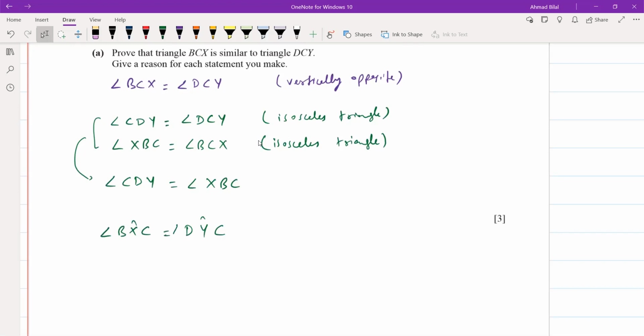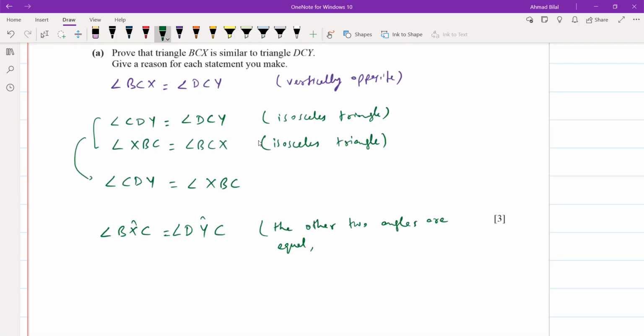Why? Because the other two angles are equal. क्योंकि टोटल सम तो 180 होता है ट्रायंगल के अंदर, तो अगर दो एंगल्स इक्वल हैं तो तीसरा भी इक्वल ही होएगा फिर.